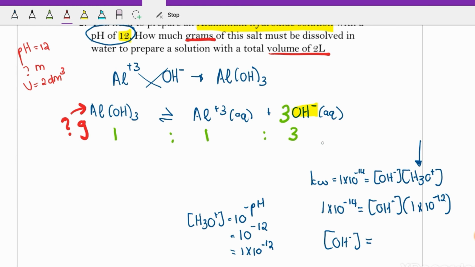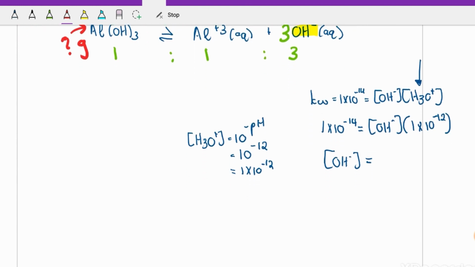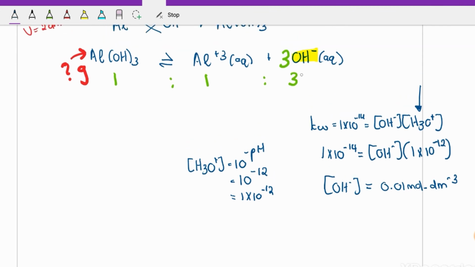So I'm working my way back all the way from my hydroxide ion concentration to my aluminium hydroxide. Okay, so working this out will give you a concentration of 0.01 moles per cubed decimeter. So now I have the concentration of my hydroxide ions.